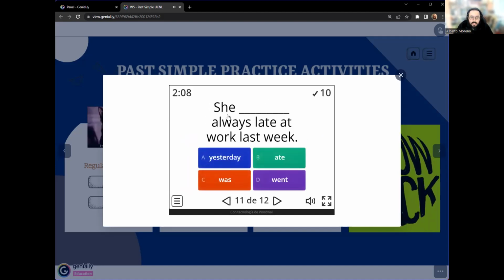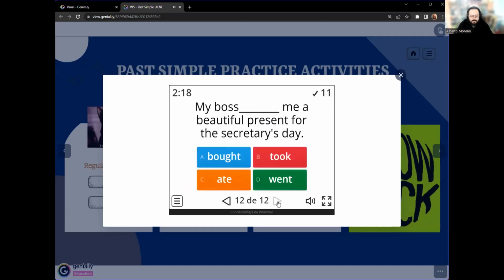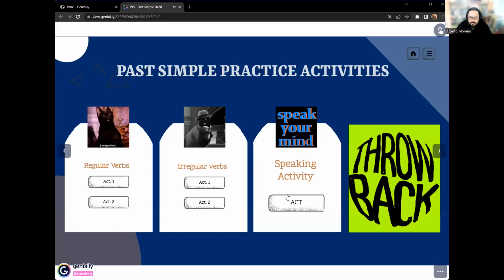Very good. She was late at work last week. Was, ate, or went? She was late for work. My boss bought me a beautiful present for Secretary's Day. Very good.